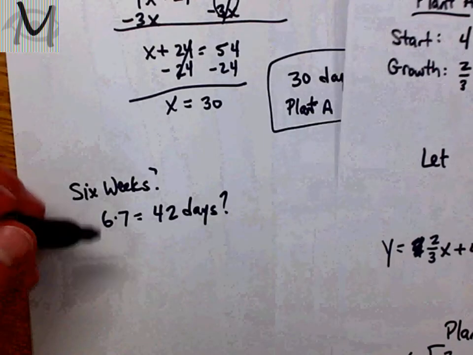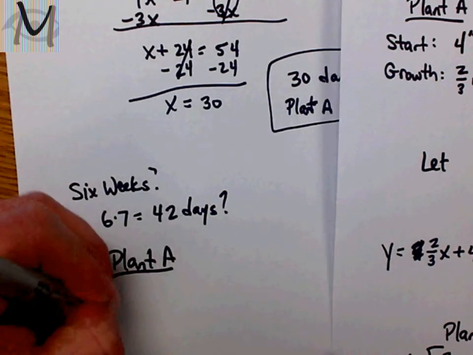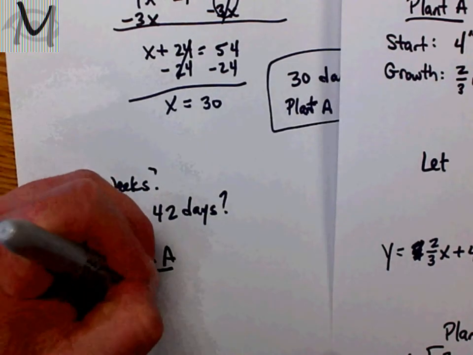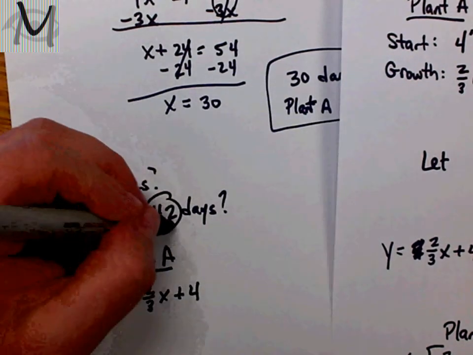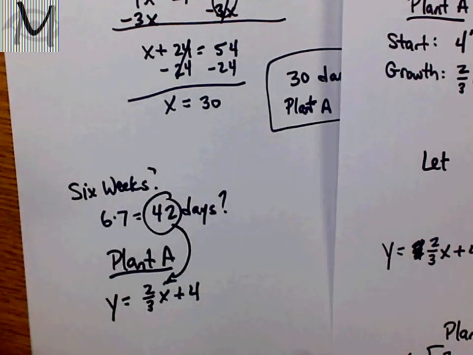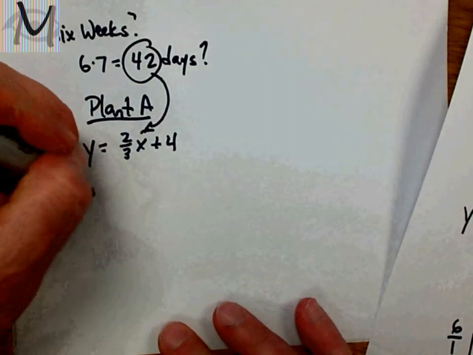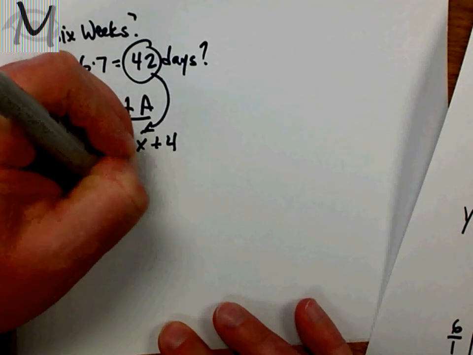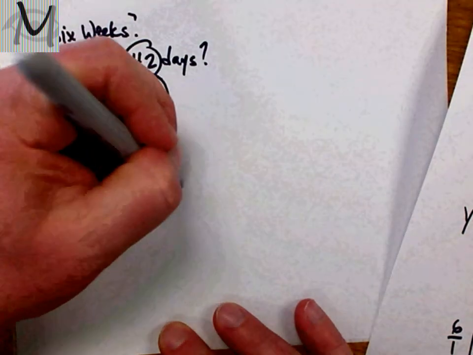So plant A is y equals 2/3 x plus 4. So I put 42 days in. I get y equals 2/3 times 42 over 1 plus 4.